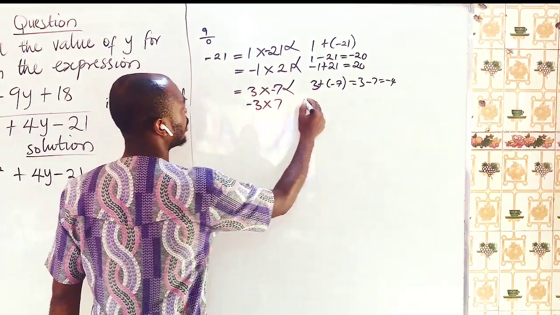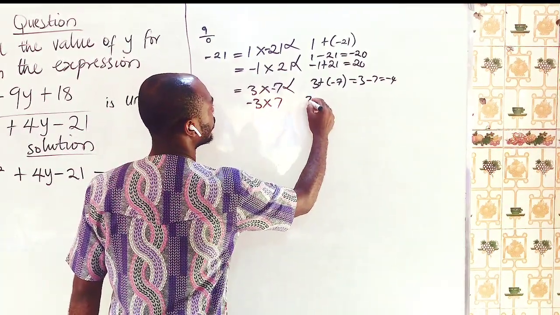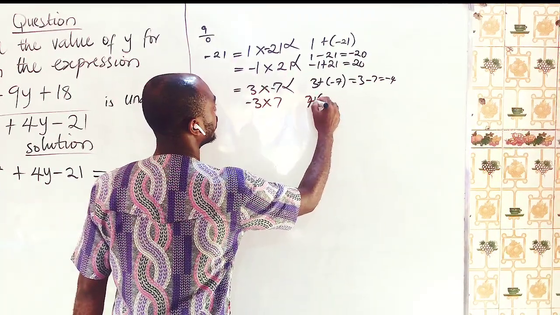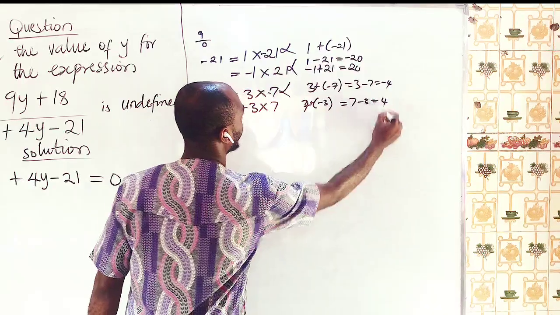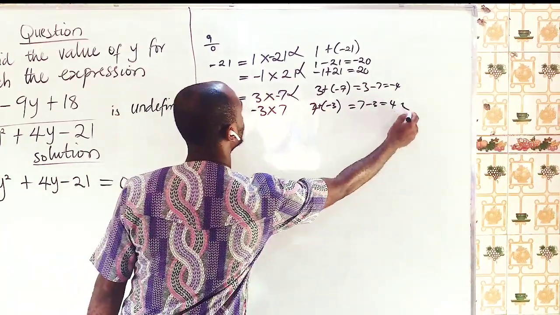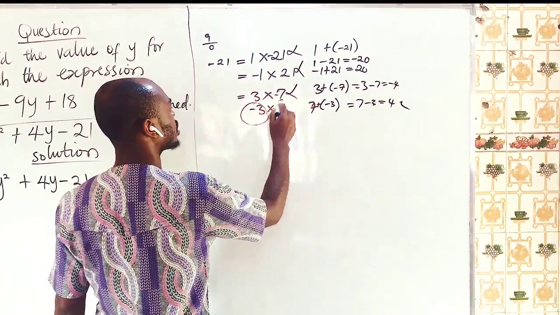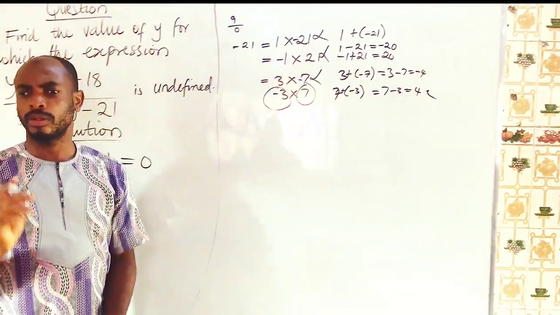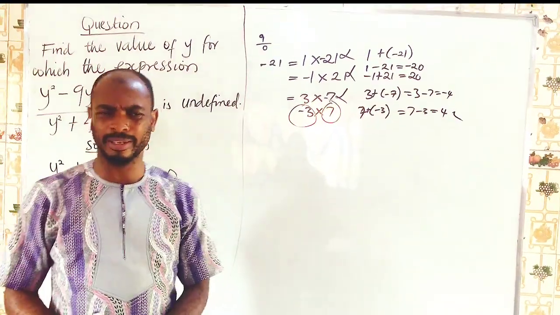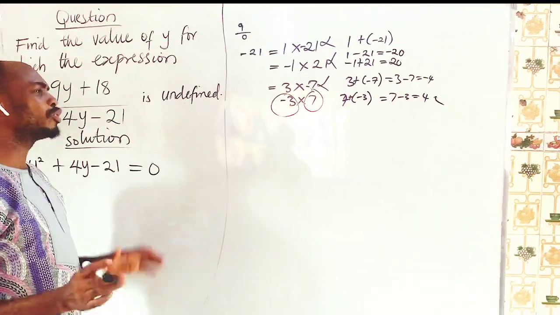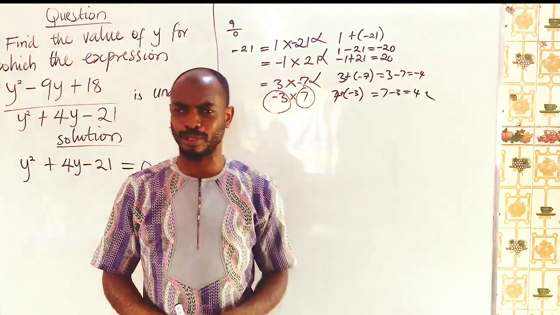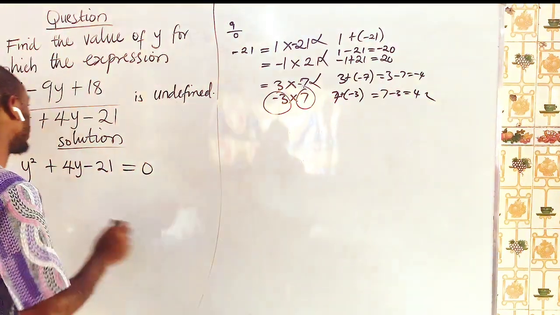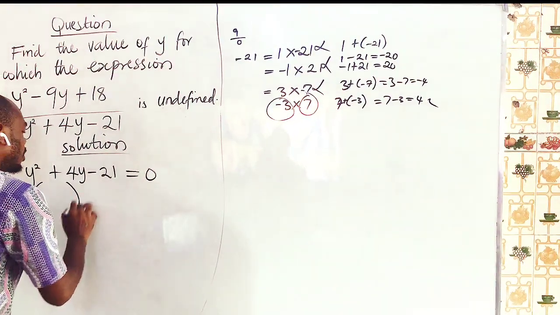Now if we use 7 and negative 3, that will give us 7 minus 3, and we have 4. This is what we use. So the two numbers in consideration are negative 3 and 7. It is a very easy method. Sometimes I call this a lazy math method, where we don't stress ourselves trying to solve it.